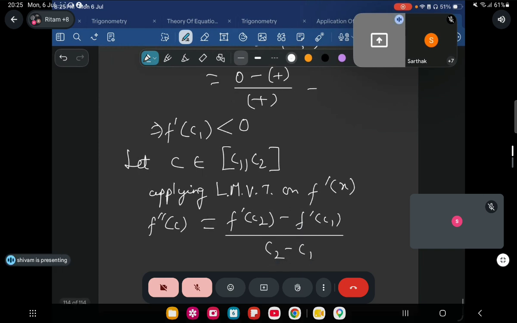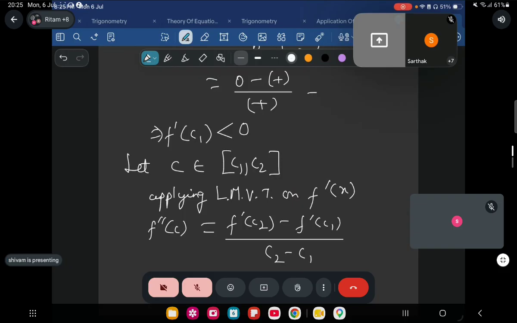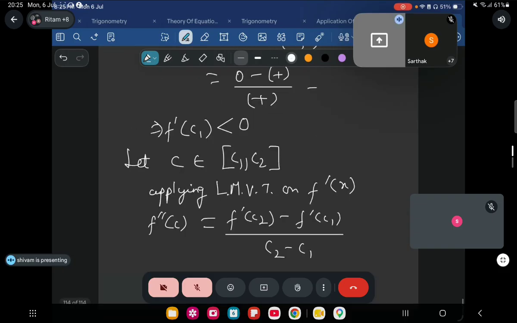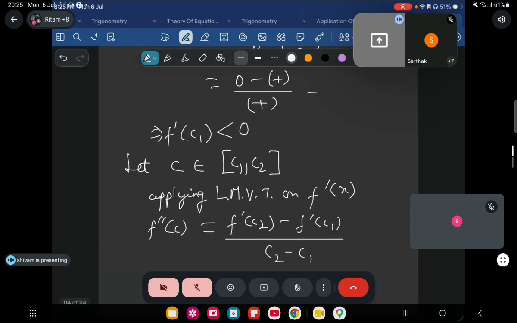Now see, c2 minus c1 is positive or negative? Numerator f dash c2 minus f dash c1 is negative. I'm talking about c2 minus c1, so the denominator is positive, right?